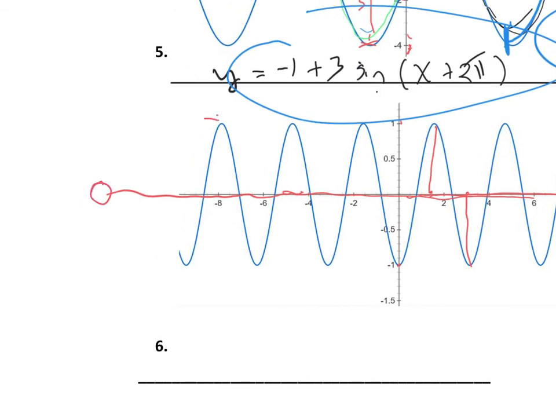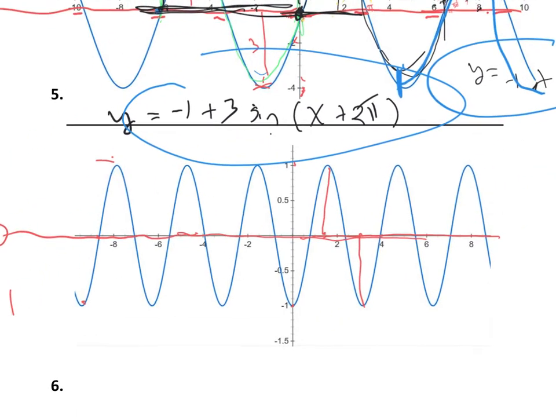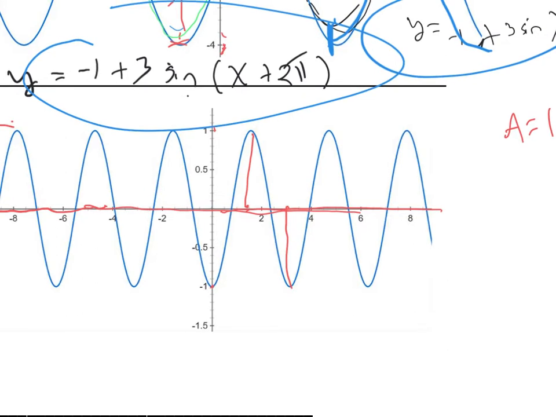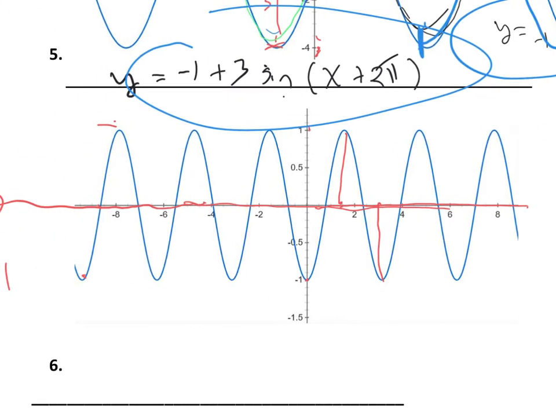This goes up to a 1. This must go down to a -1. So it's working. Here goes. What else do I need? If my middle is there, I'm going to use my light. Sine curve starts here, and it will end here.